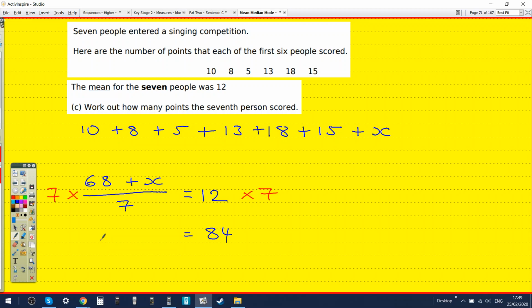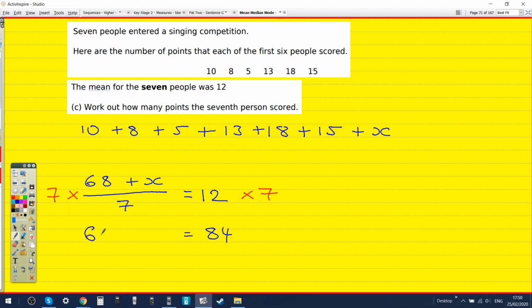So, and what's on the left side? 7 divided by 7 is 1. So you times by the denominator.